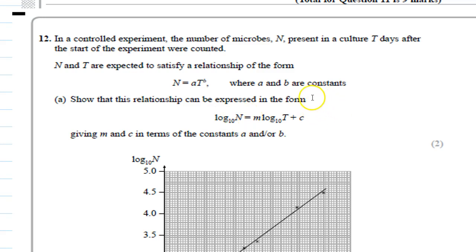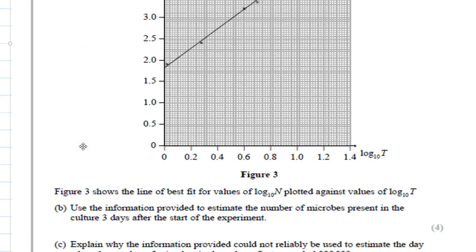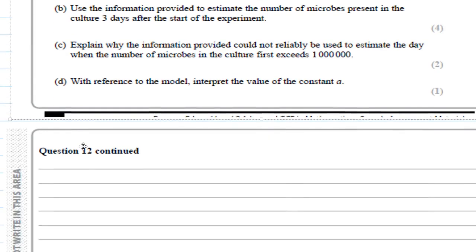So let's write down the question. Let me scroll down. So here it is. Now A part, here we can do A part. Given equation is capital N equals a t to the power b. They have already given.